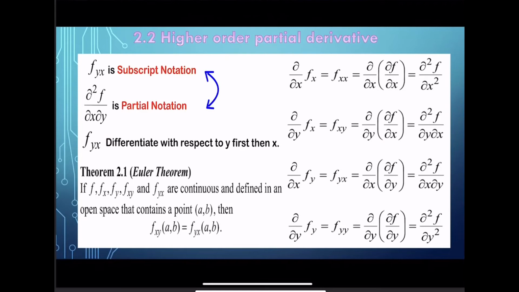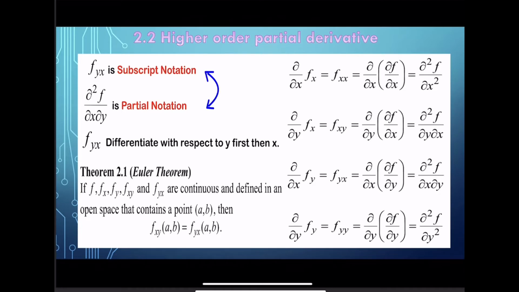Okay, so let's proceed to 2.2, which is higher order partial derivative. For the first one, we see fyx is displayed in the subscript notation, while for the second one, we see a partial symbol and it is in the partial notation. And there's a technique when we see the subscript notation.